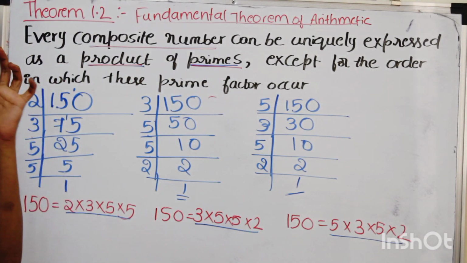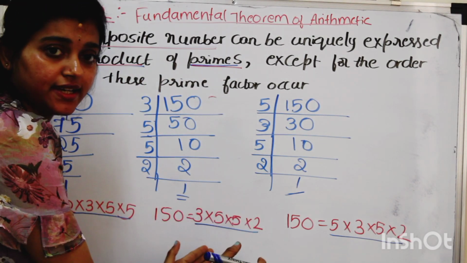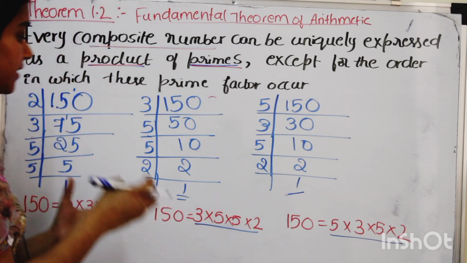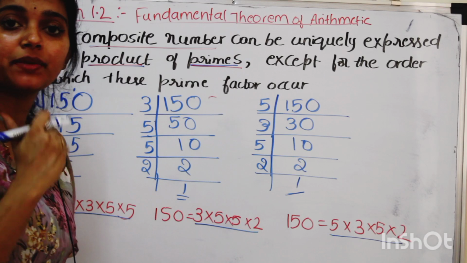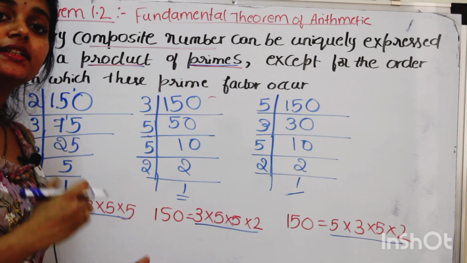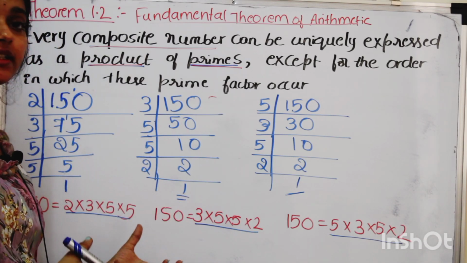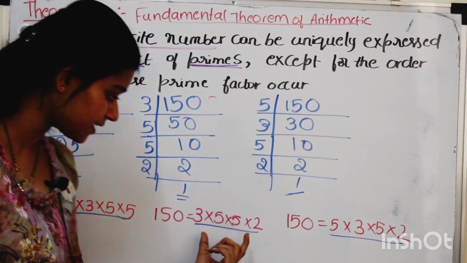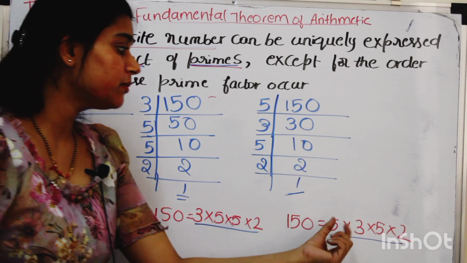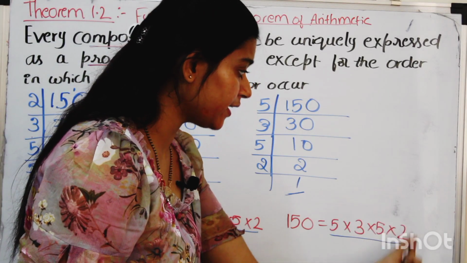So here in each case, the prime factorization of a composite number can be written in a different form. Like this written as 2 into 3 into 5 into 5. In this case, 3 into 5 into 5 into 2. Here 5 into 3 into 5 into 2.